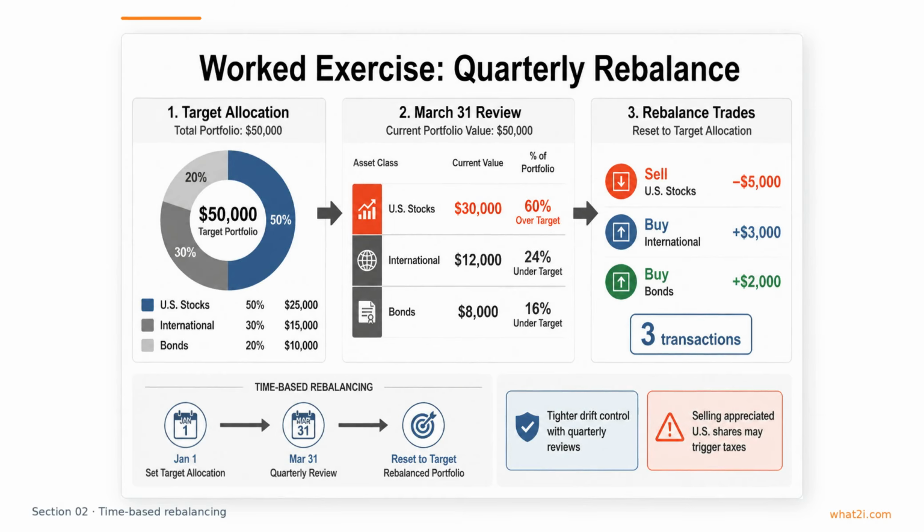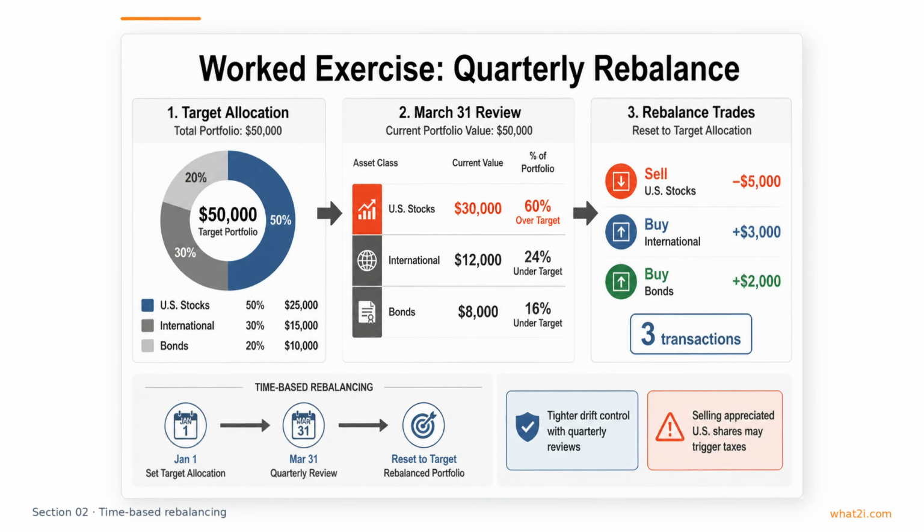Consider a worked exercise with a $50,000 portfolio targeted at 50% US stocks, 30% international stocks, and 20% bonds. The target dollar amounts are $25,000, $15,000, and $10,000 respectively. At the March 31st review, the actual holdings are $30,000 in US stocks, $12,000 in international stocks, and $8,000 in bonds.